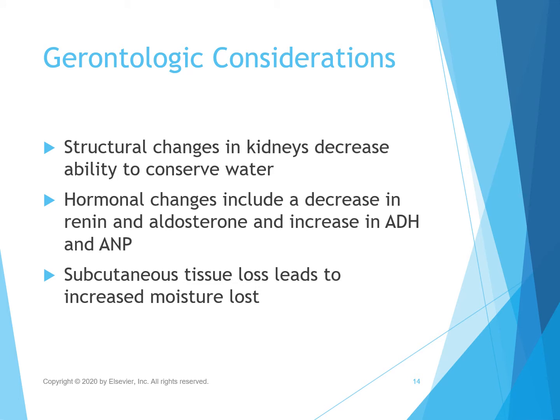There are a few things to consider when looking at the geriatric population. You have a structural change in the kidneys, which leads to a decreased ability to conserve water. There is a loss of subcutaneous tissue that leads to increased moisture loss. And we do have some changes that result in a decrease in renin and aldosterone and an increase in ADH and ANP.